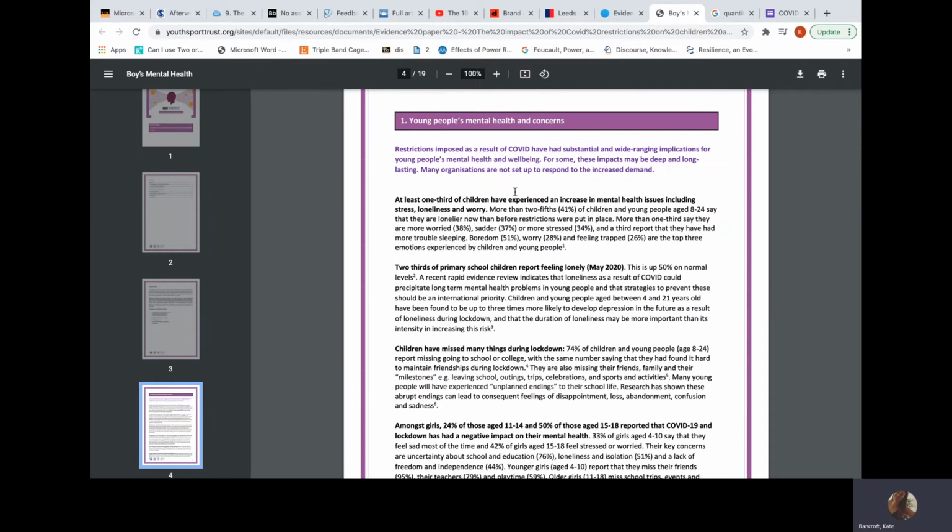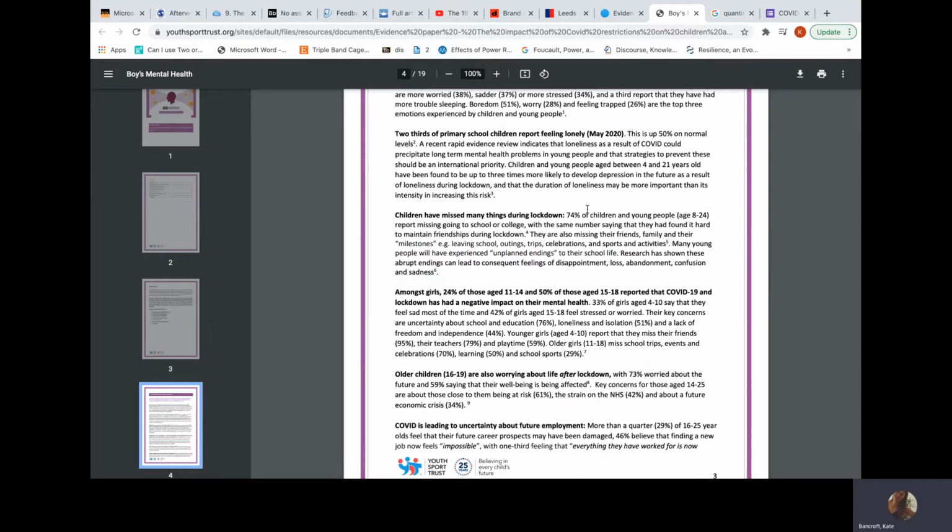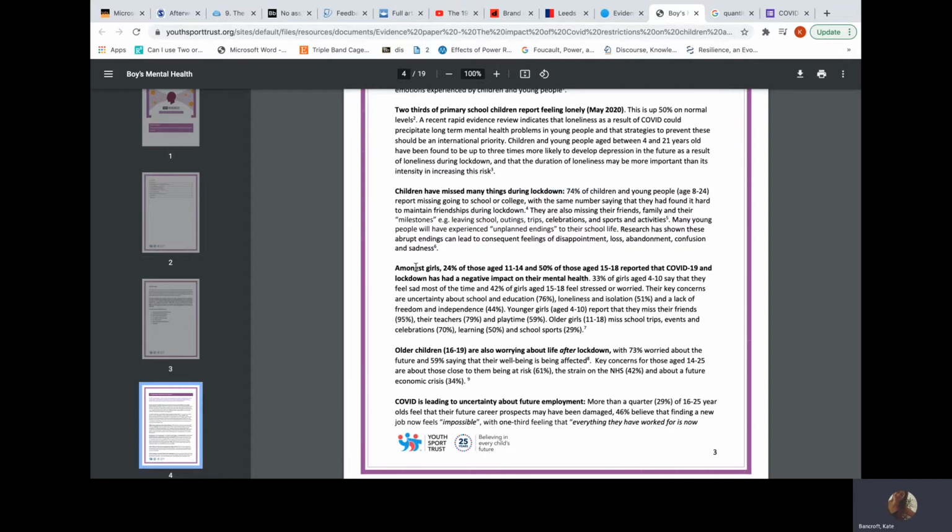At least a third of children have experienced an increase in mental health issues. 2/3 of primary school children report feeling lonely. Children have missed many things during lockdown. Obviously, some of them are probably fine, because you can probably guess that that's probably the trend. Things like this, though, amongst girls, 24% of those aged 11 to 14 and 50% of those aged 15 to 18 reported that COVID-19 and lockdowns had a negative impact on their mental health.